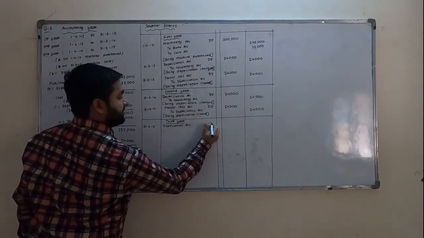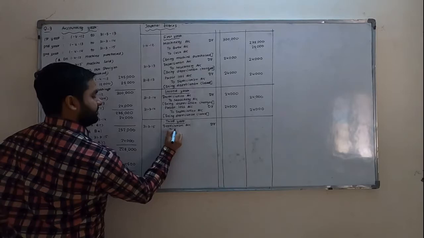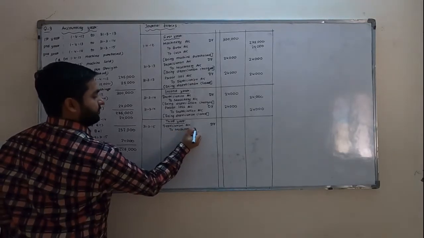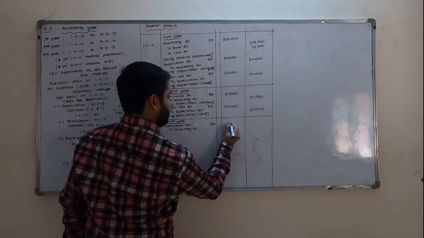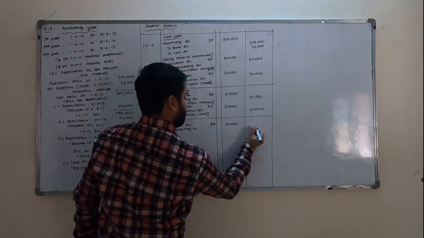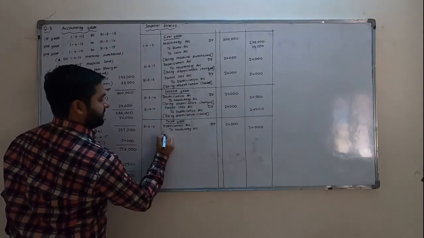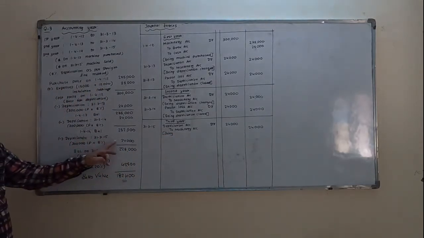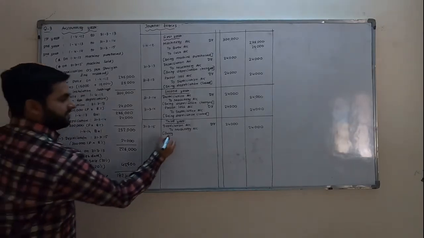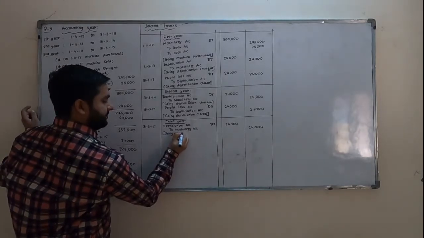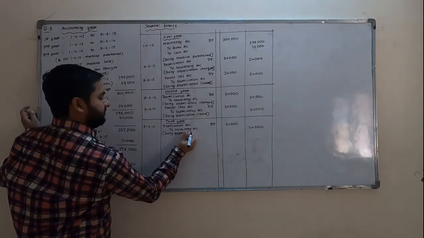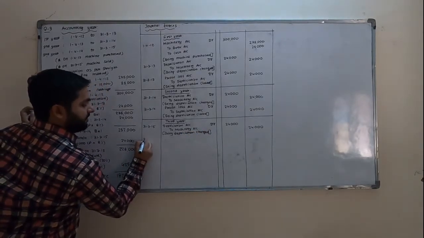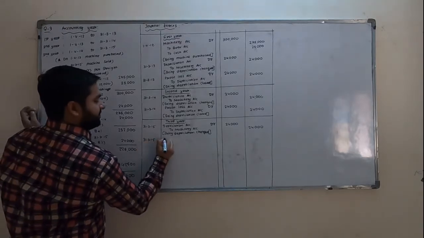So depreciation account debit to machinery, 24,000 again. Or you can see in your calculations also that every time depreciation is same. Being depreciation charged.